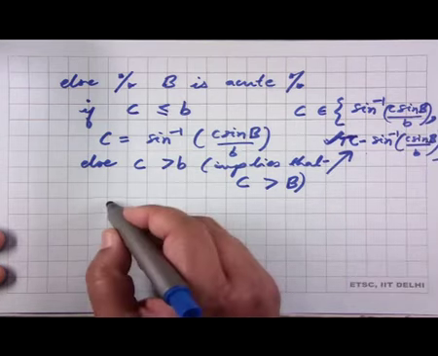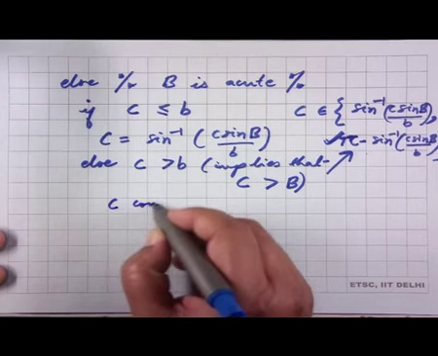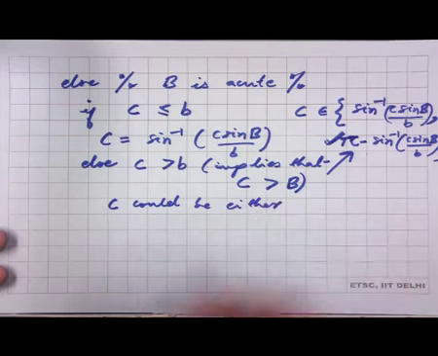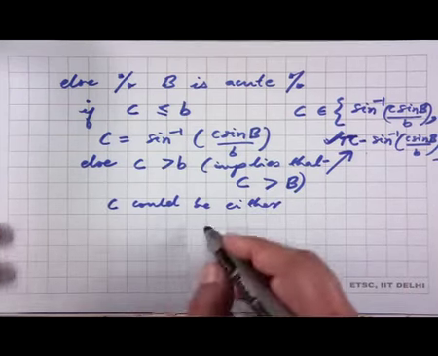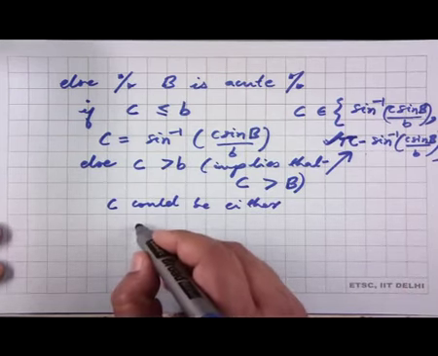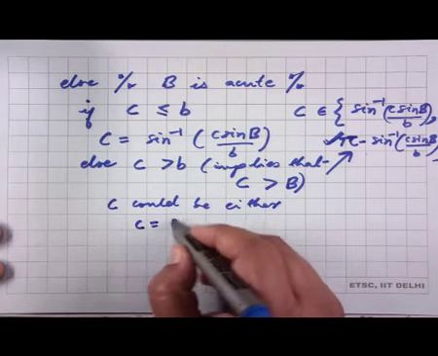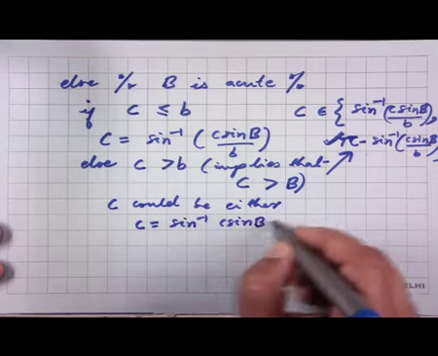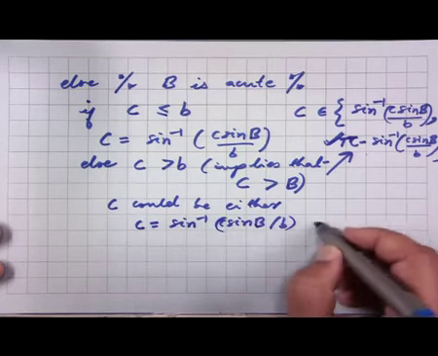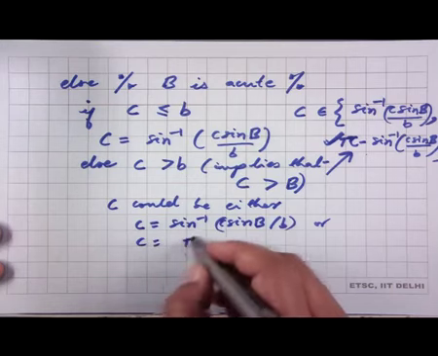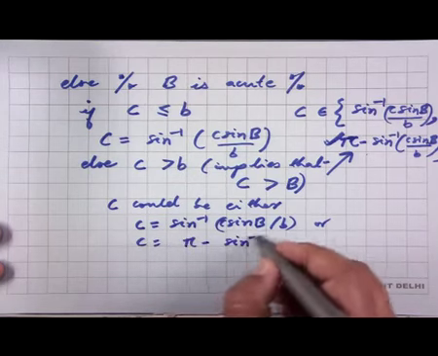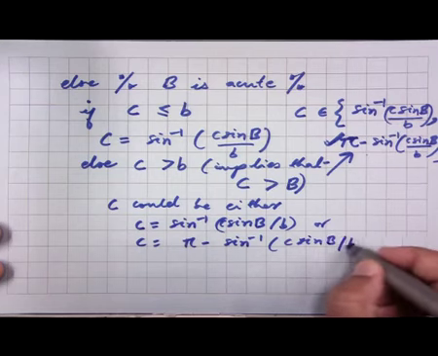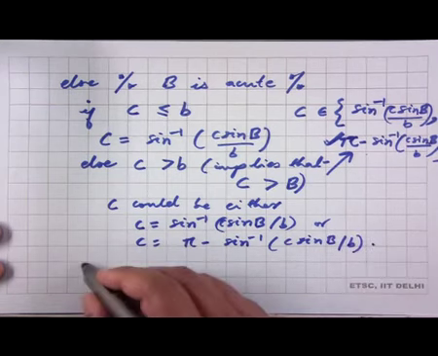So we could have either C equal to this or C equal to that.